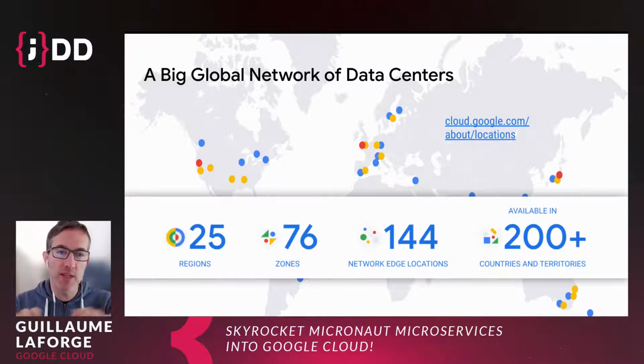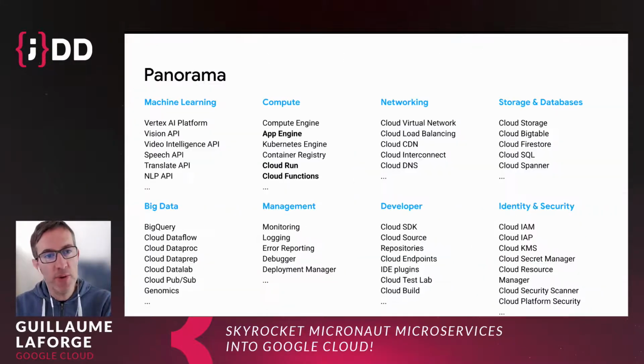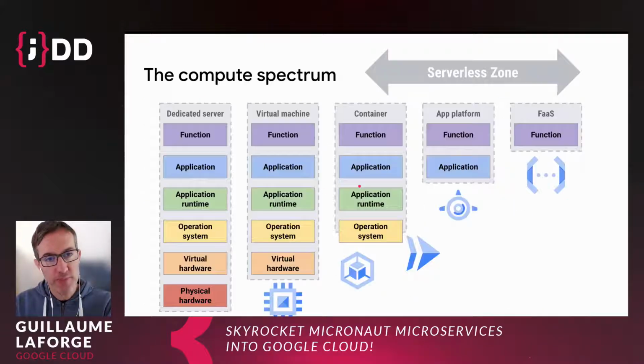You've got some great undersea cables with big fiber optics, so it's a super efficient network with data centers everywhere. There's a rich set of machine learning APIs, networking tools, databases, etc. But I'm going to zoom in just on the compute side of things, and in particular the bold ones: App Engine, Cloud Run, and Cloud Functions.